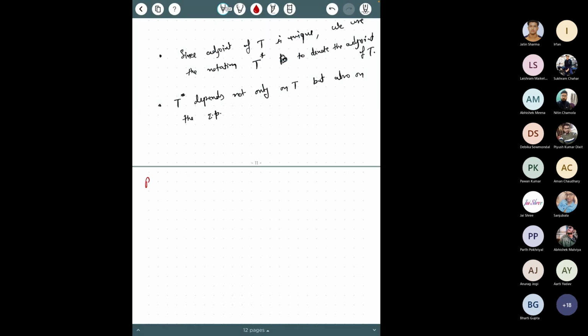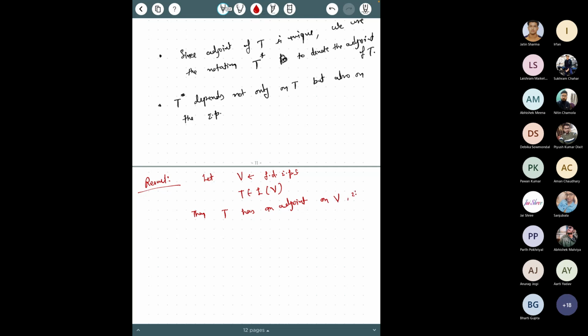So this is the existence of adjoint on a finite dimension inner product space. Let V be a finite dimension inner product space and T be a linear operator on V. Then T has an adjoint on V. That is, what does it mean?